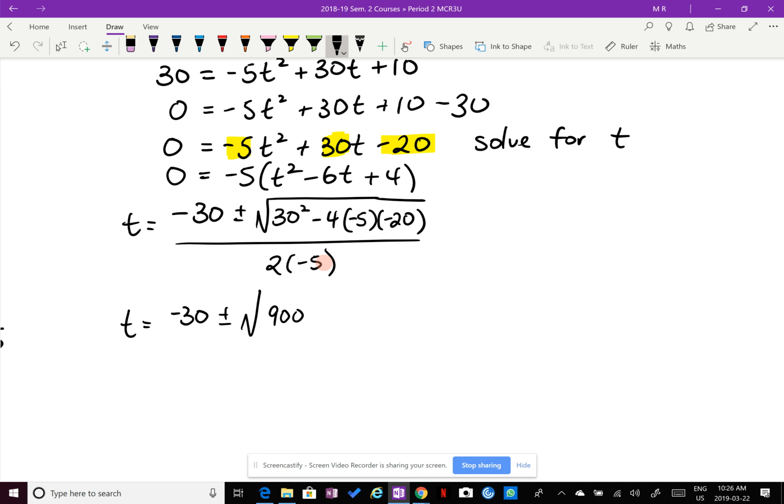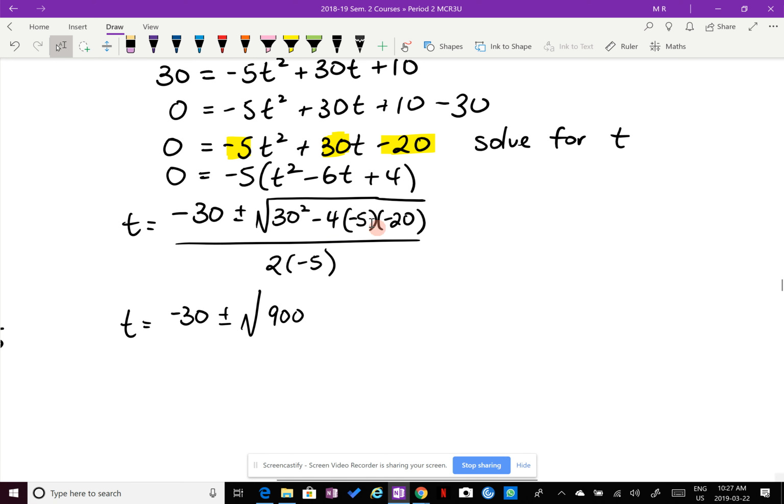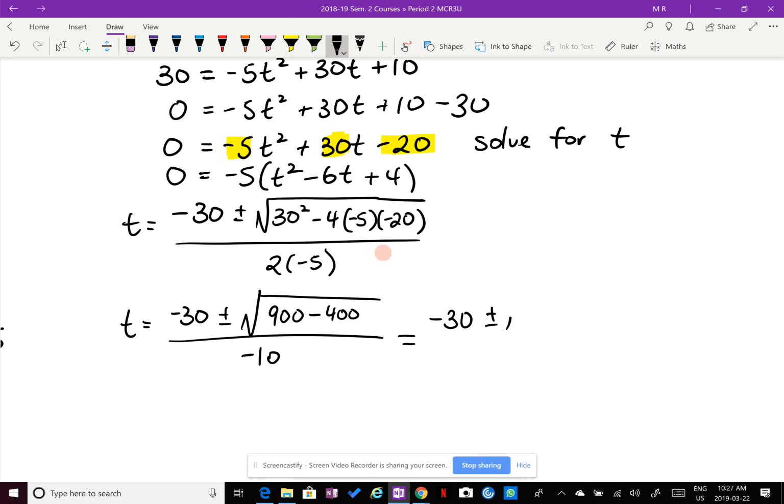Minus 4 times 5 is 20. Times 20 is 400. So I have how many negatives here? I have negative, negative, negative. So multiplying those out makes it minus, and minus 400. Okay. Divided by 2 times -5, which is -10. And -30 plus or minus the square root of 900 minus 400 is -30 plus or minus the square root of 500 over -10.